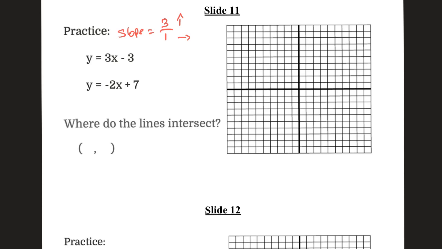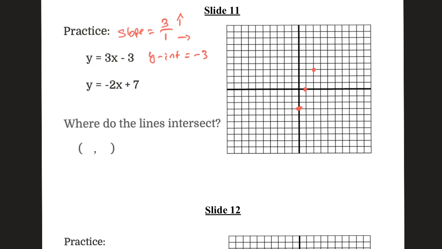And I know that my y-intercept is -3. So I can go ahead and plot that: 1, 2, 3. Here's my y-intercept, and I'm going to go up 3, over to the right 1, up 3, over to the right 1.